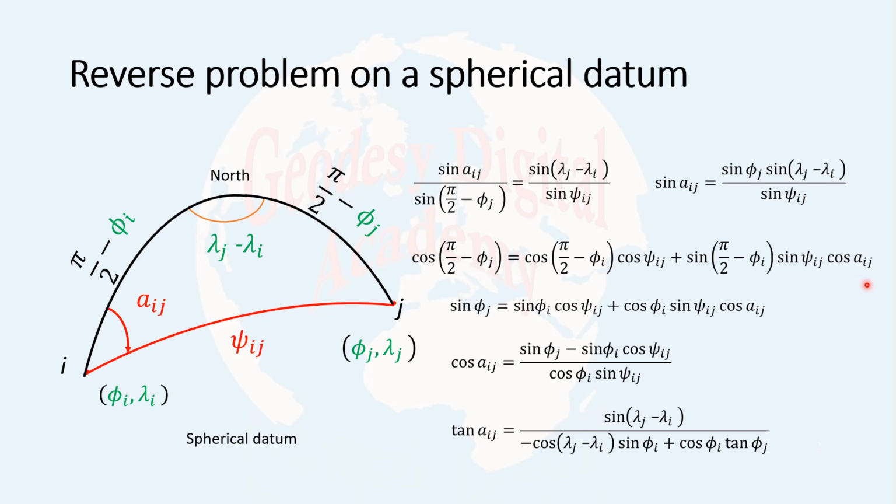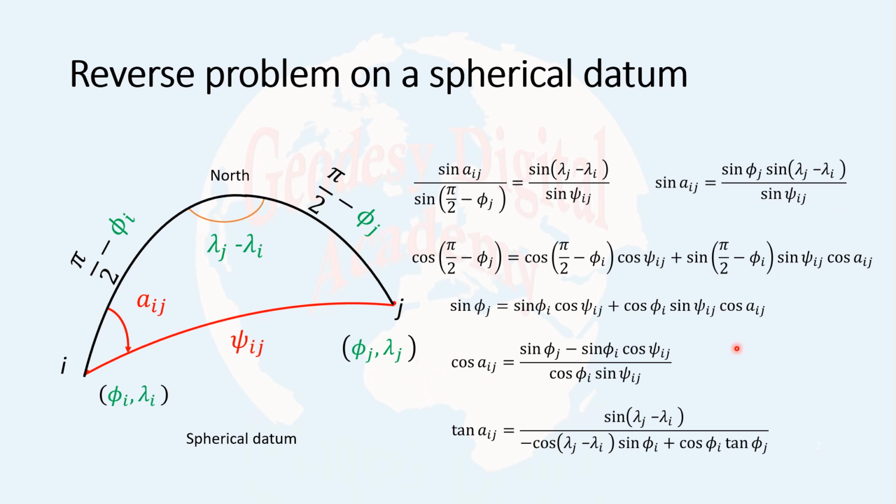So if I simplify this formula, I get this. And now it's time to solve this equation for cosine of the azimuth, and you will get it. So we can use either this formula or this formula.